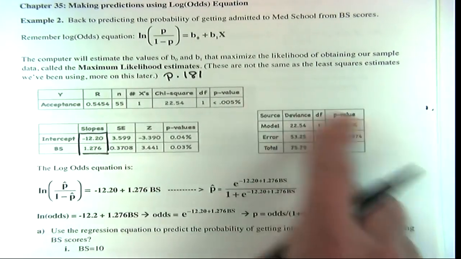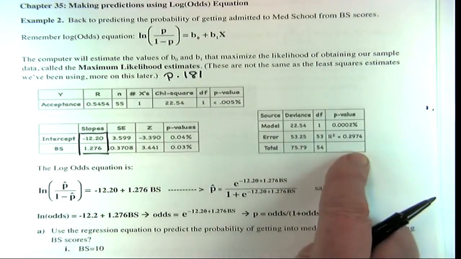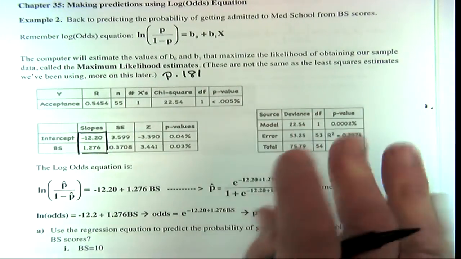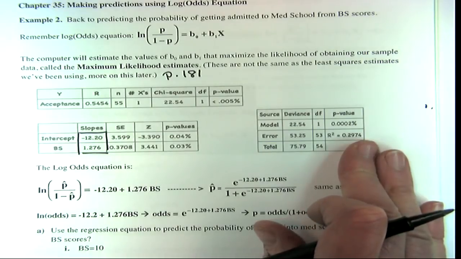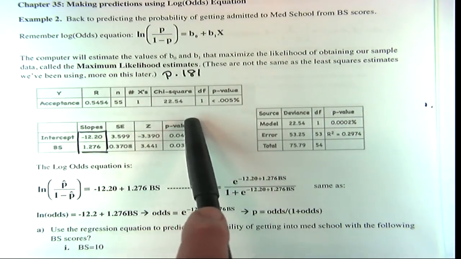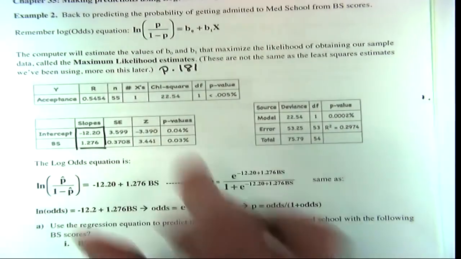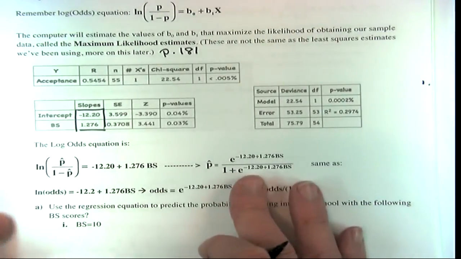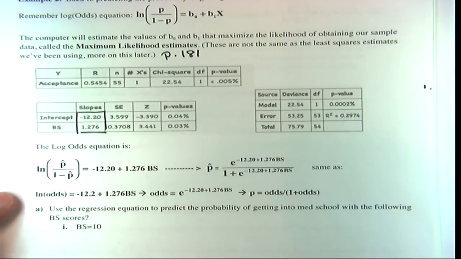Here we have this little analysis of deviance table with degrees of freedom for the model and the error. We'll look at this more later, along with this modified chi-squared statistic. But for now, let's just work with this log odds equation and translate between.